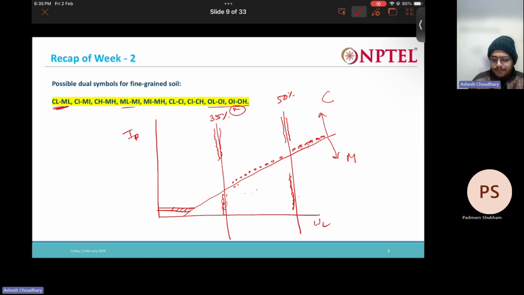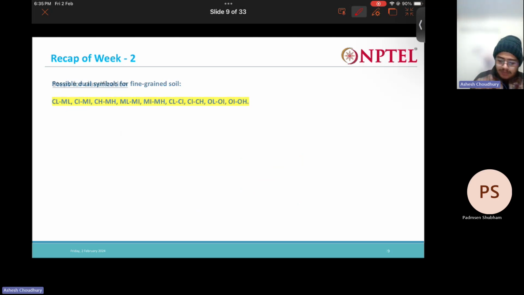So I hope you understand these things. Whenever it is very close to these boundaries, these lines are the boundaries, whenever the soil plots very close to these boundaries, what we have to do? We have to use dual classification, right? So everything will be clear once we solve.